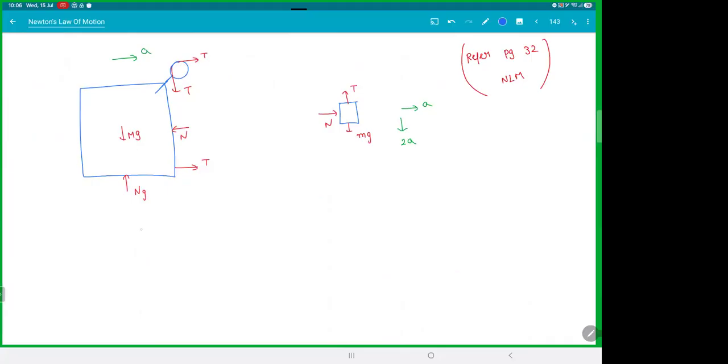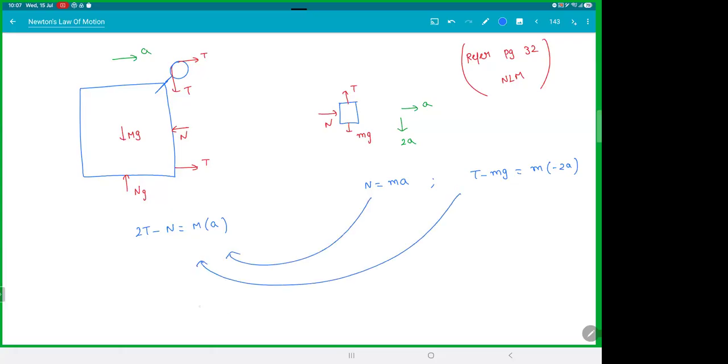Write the forces horizontally. 2T minus N is equal to mass into acceleration. Here N is equal to small m into a. And here T minus mg is equal to m into minus 2a. Perfect. Take N, take T, dump both of them in this. You'll get 2T is equal to mg minus 2ma.